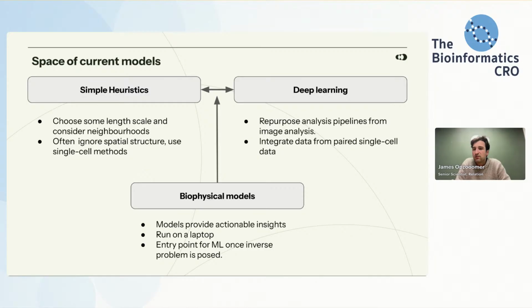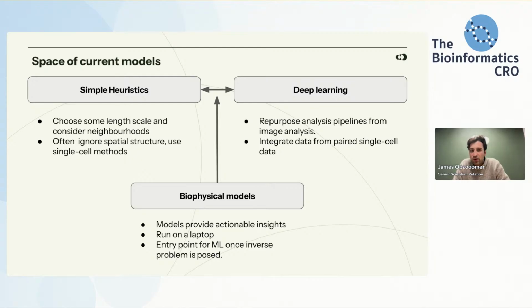So this slide positions BISTR among other spatial modeling approaches. On the left are simple heuristic-based approaches, like using a radius around a specific cell or a KNN neighborhood and computing some summary statistics. They're fast, but the spatial scale is often somewhat arbitrary, and the tissue is treated more like a discrete bin than a continuous space that it is.